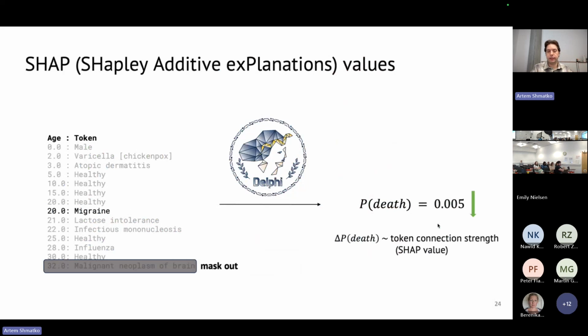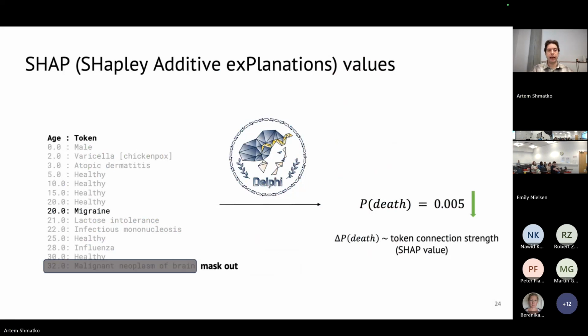Okay, so maybe it's not migraine that causes it. But if we mask out the brain cancer, the death risk significantly drops, which doesn't imply causality, of course, but it gives some metric that shows the degree of interconnection between diseases. And this is something that we can analyze. The whole thing is slightly more complicated, involving masking also doubles and triples and averaging all the results in an accurate fashion.